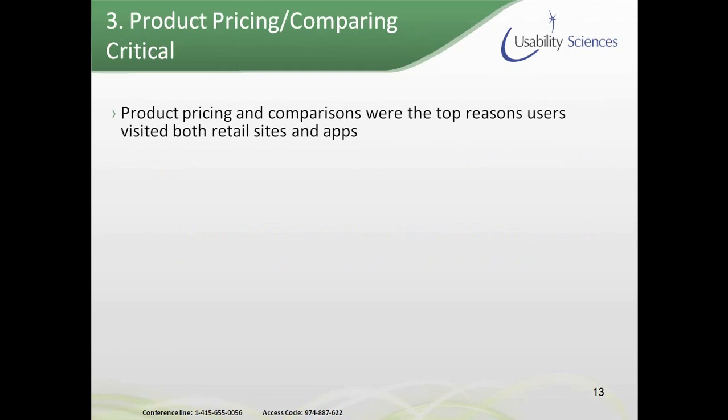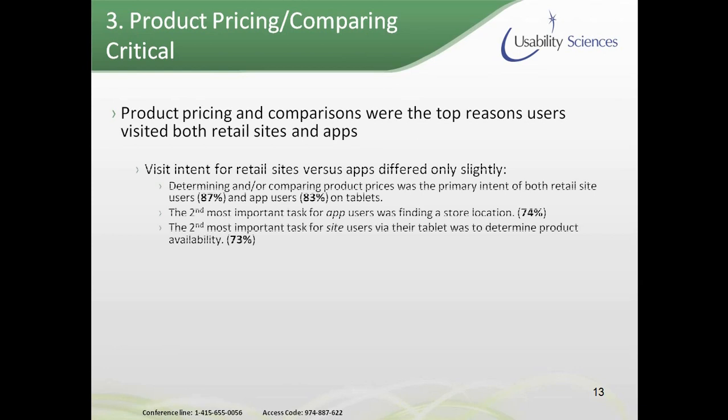One interesting thing here is specific to retail sites and apps on tablets. Product pricing and comparing products were the top reasons users visited both retail sites and apps on their tablets. Visit intent for retail sites and apps differed only slightly.